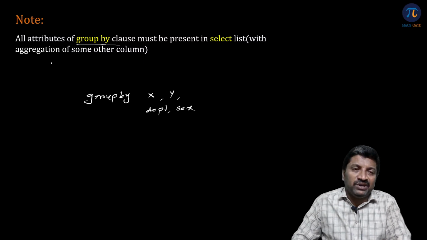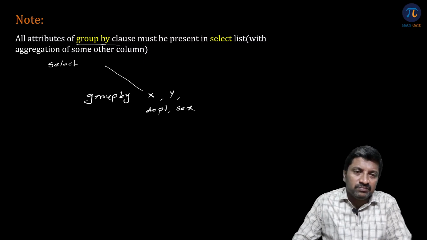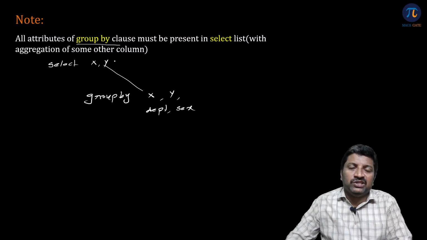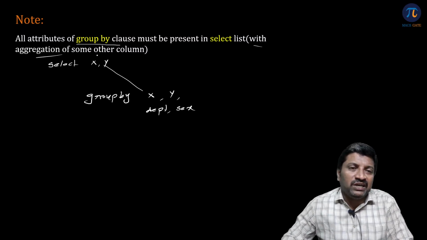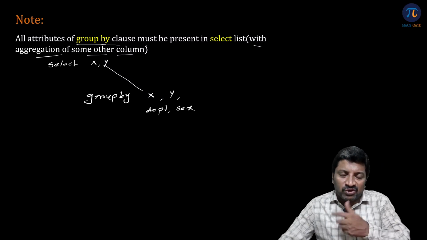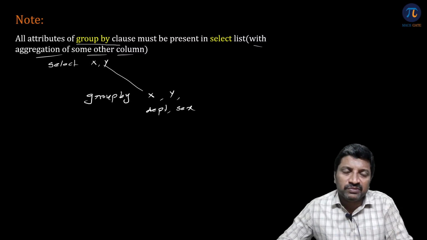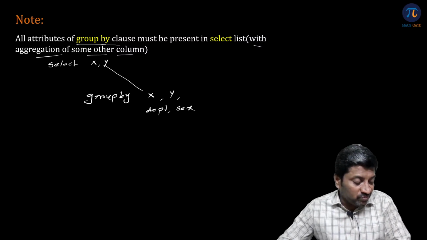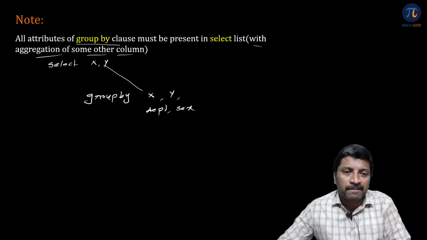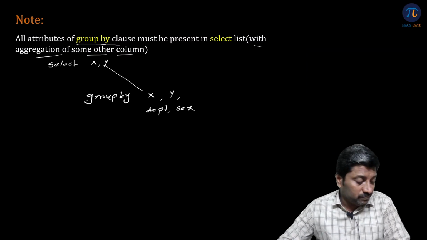Whatever you have in group by column must be present in the select clause. That is the story. And with the aggregation of some other column, because you are grouping the people only to find some aggregation function, right? So that is the first note we need to keep in our mind, sir. Hope you understood it.